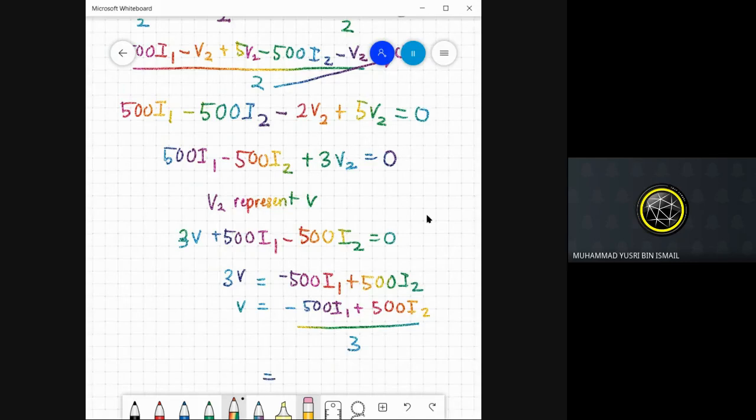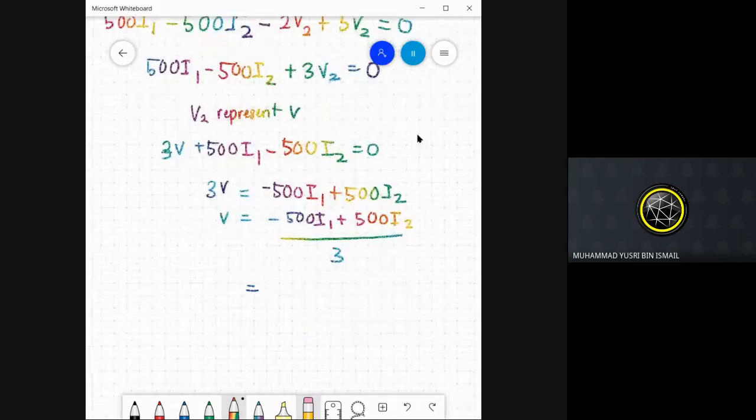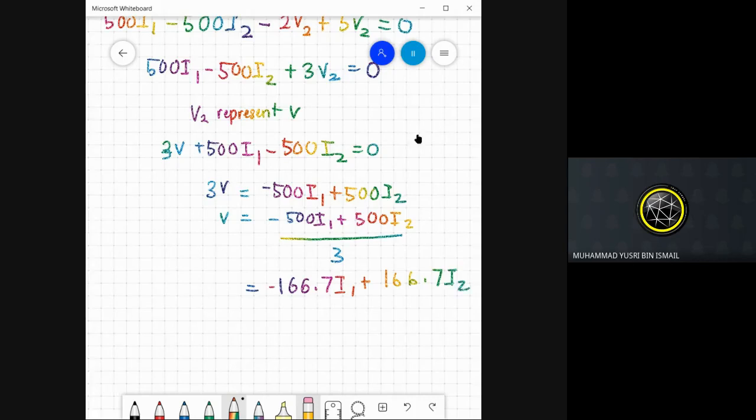So basically you will have 500 divided by 3, 166.7, minus I1 plus 166.7 I2.